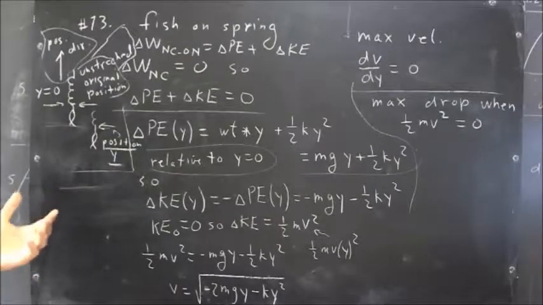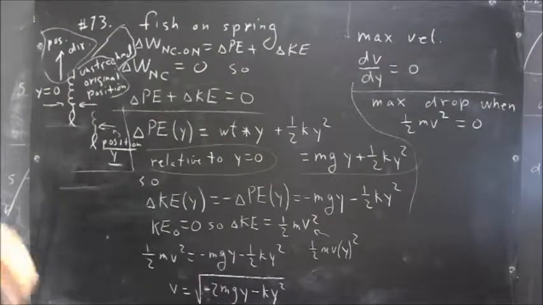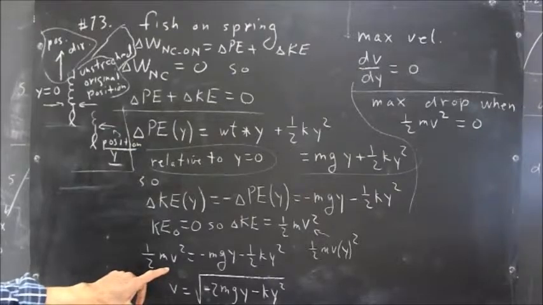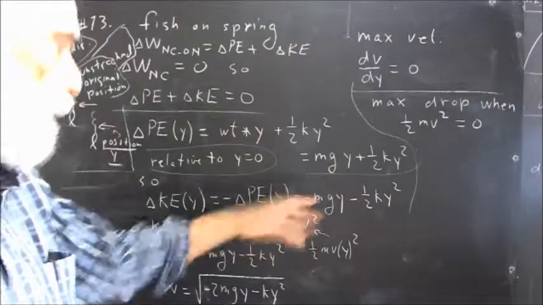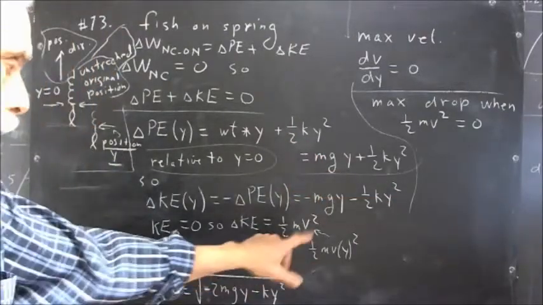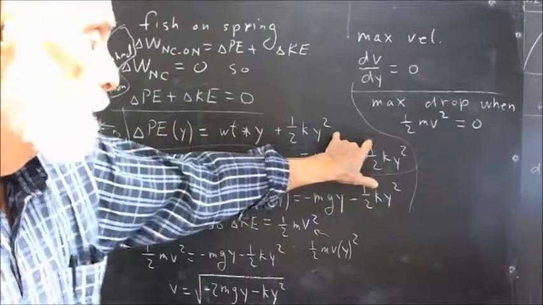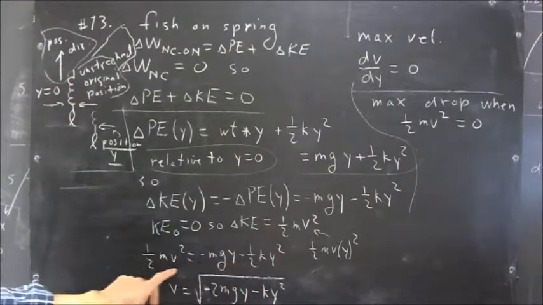So what do we end up with? The change in kinetic energy, 1/2 mv squared, as a function of y, is equal to the negative of the potential energy, which gives us this equation for the velocity.